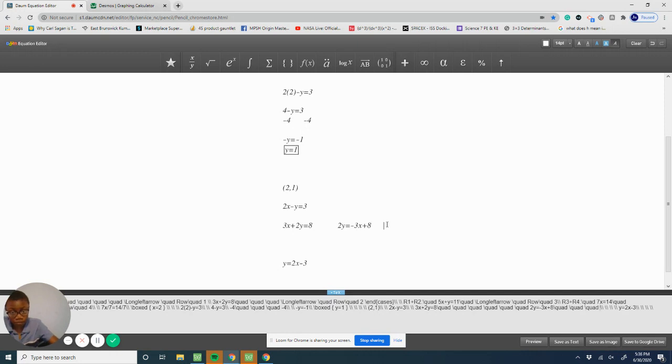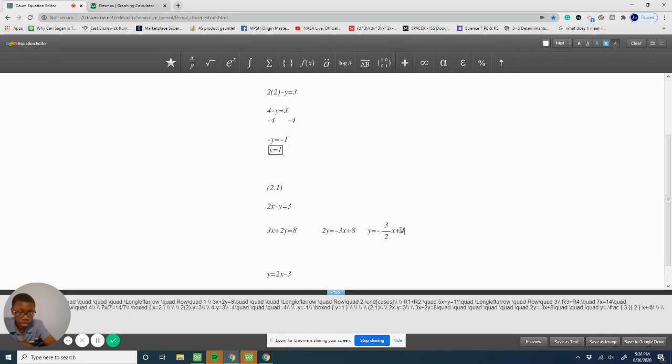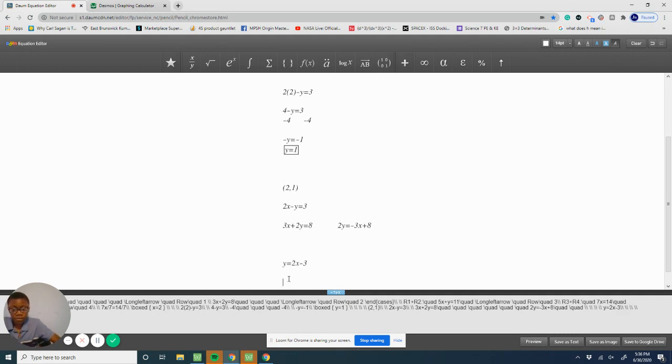And we divide both by 2 to get us plus 4. And yeah, these are our two equations. I'll put them down here, right?